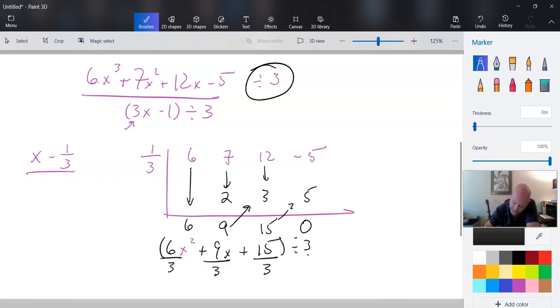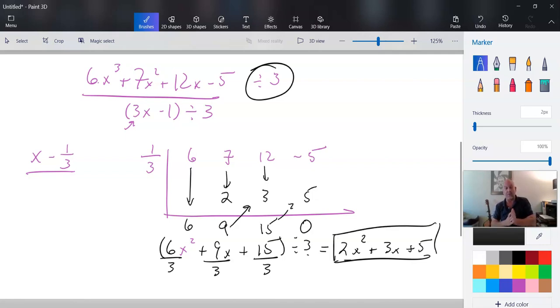We divide each of the terms by 3, and that's going to give me 2x squared plus 3x plus 5 as our final answer, right? And that should match what we did before. In fact, if we do it with long division, that's the answer you get right from the start.